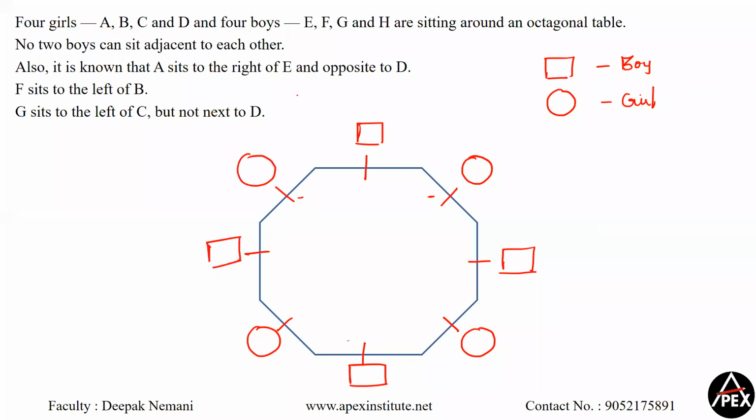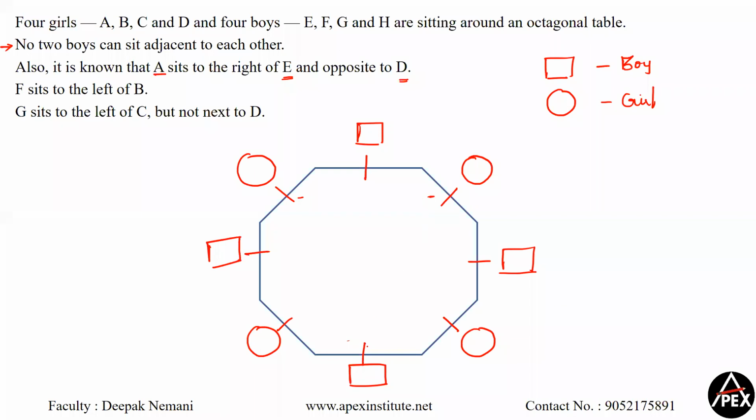Okay, so this is the meaning of statement 2. No 2 boys can sit adjacent to each other. So now this is the arrangement in which you can have no 2 boys sitting adjacent to each other, isn't it? So first I have determined the outer skeleton of the arrangement. Now it is also known that A sits to the right of E and opposite to D.